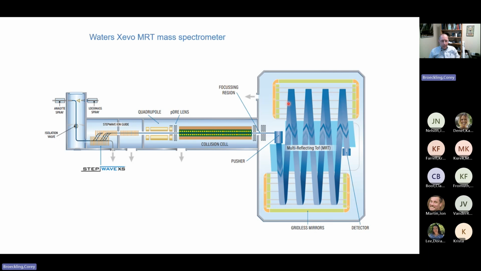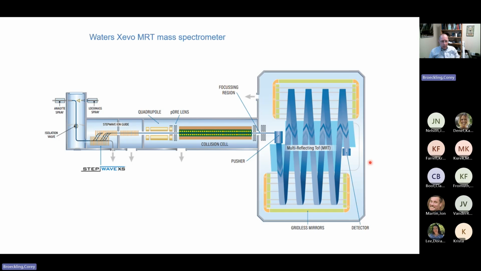But this big block that you see back here on the end is really the highlight of the instrument in some ways. That's a multi-reflectron time of flight. So they use these gridless mirrors so that they can reflect back and forth across these mirrors several times. And I think that this is a 10-pass instrument. The floor model MRT can be any number of paths.